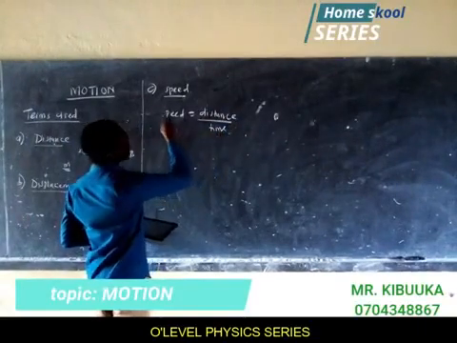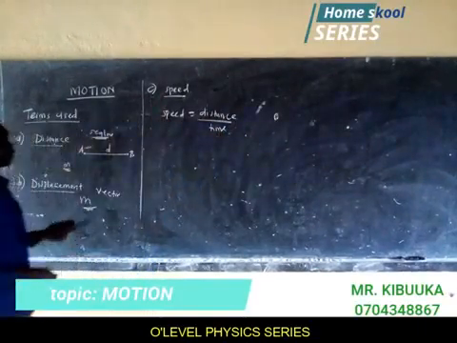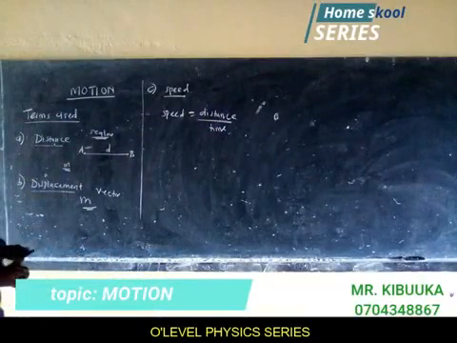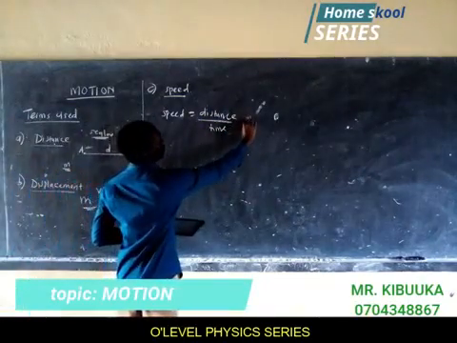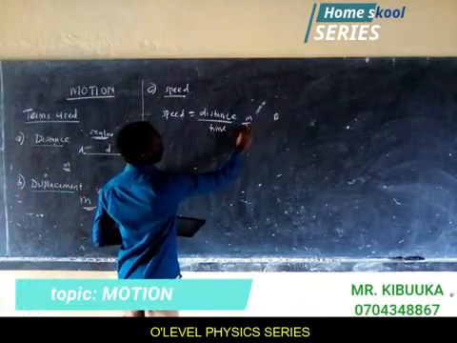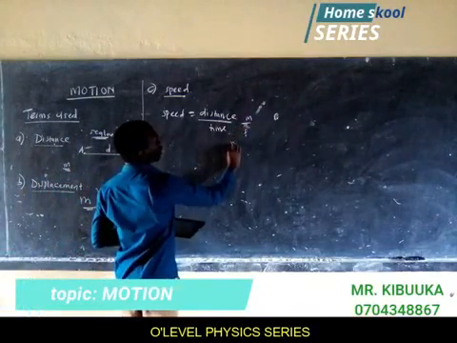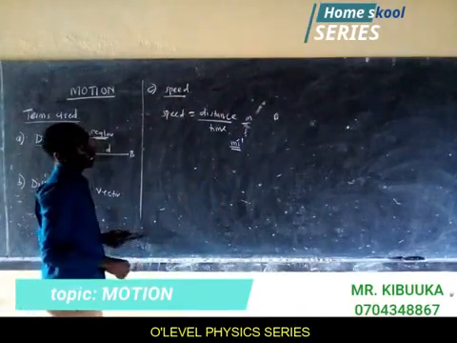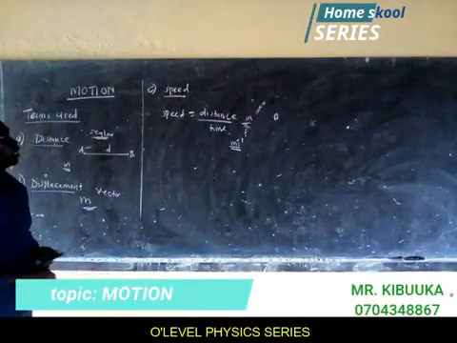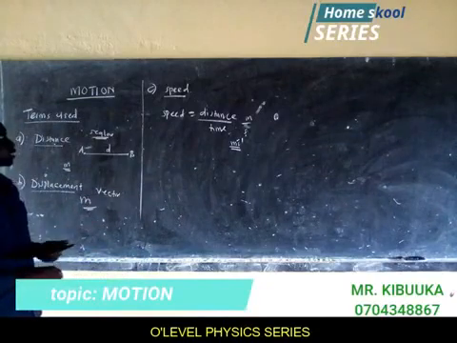Of course, distance is in meters and time is in seconds. This gives us meters per second, meaning speed is measured in meters per second.